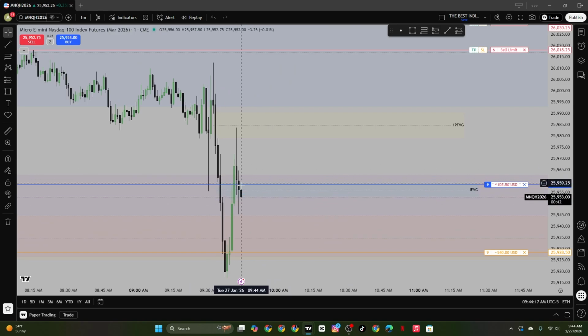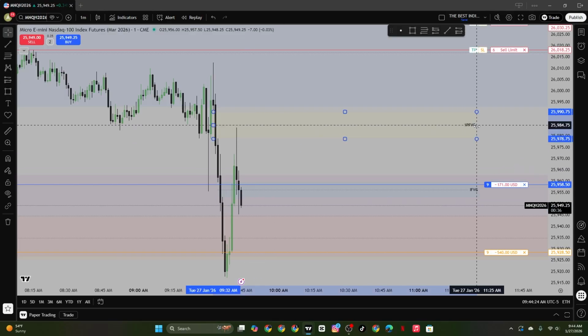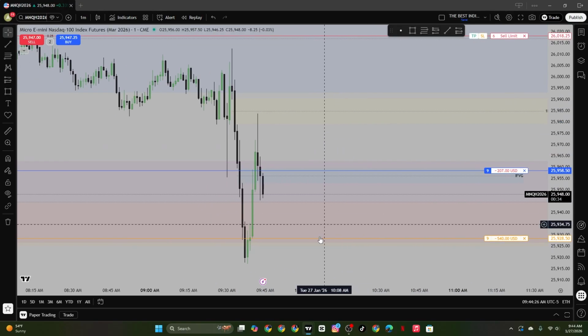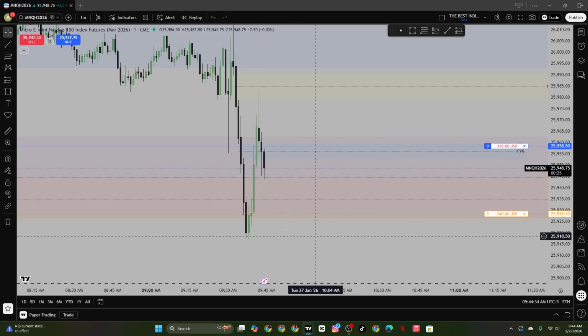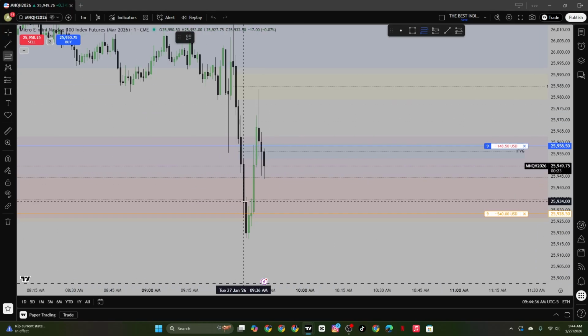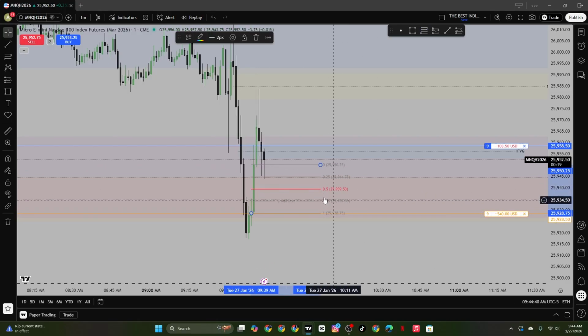So my question is going to be, can these candles get rinsed out? That would be my question. No. I wouldn't want this to keep happening where a new low gets put in. It's usually a bad sign. I'm going to pay attention to consequent encroachment of this fair value gap.